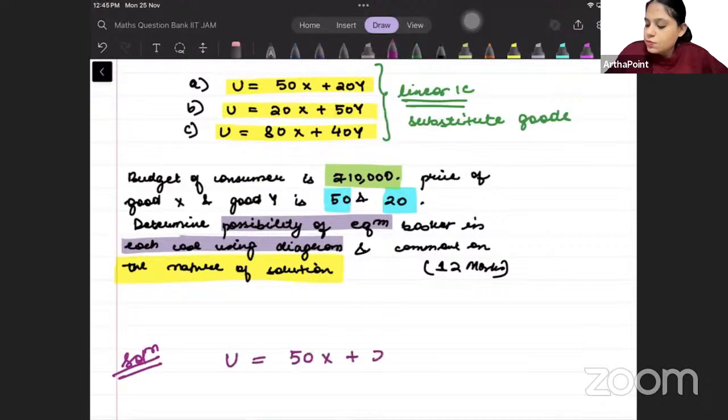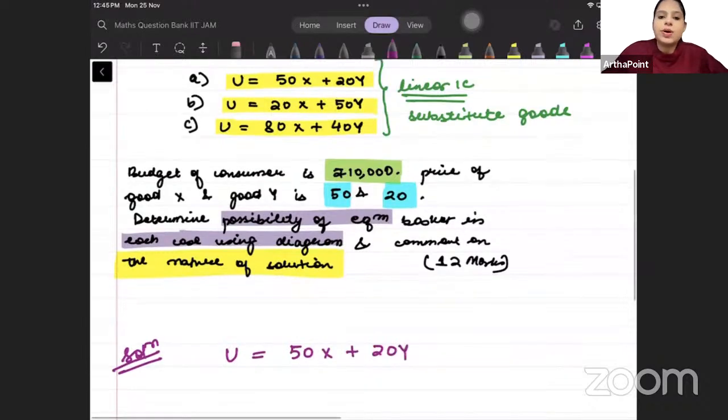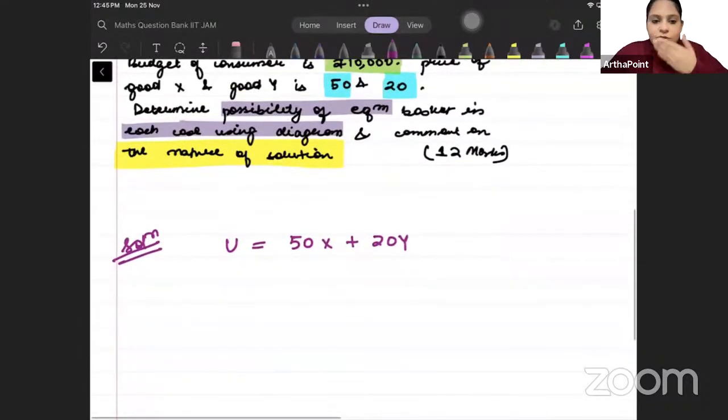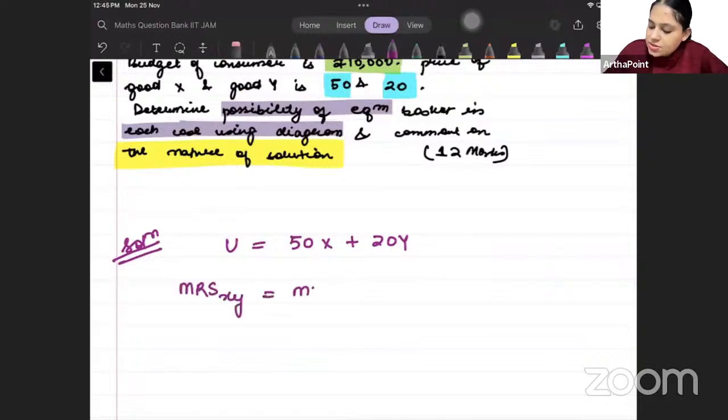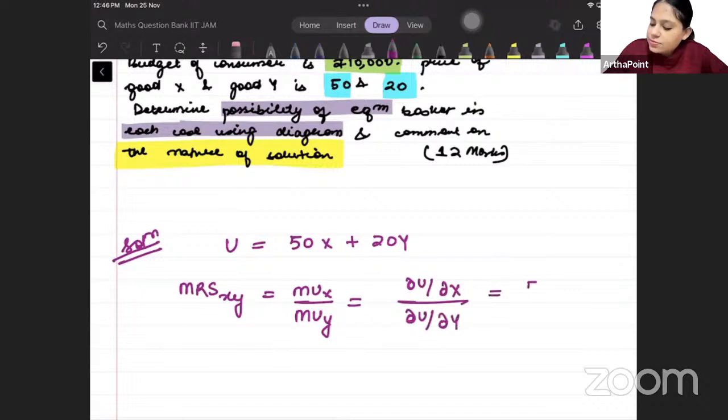U is equal to 50x plus 20y. So what will be the MRS in this case? MUX by MUY, which means that differentiate the utility function with respect to X, differentiate the utility function with respect to Y. 50 by 20, 5 by 2.